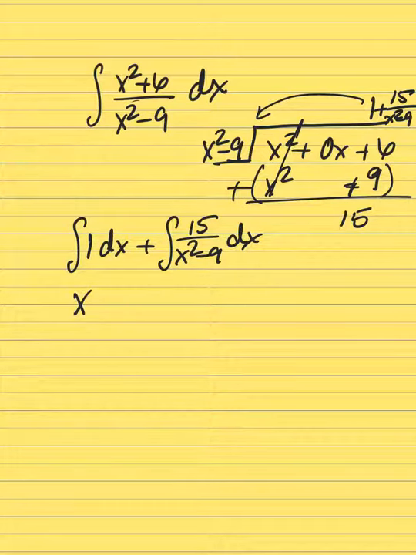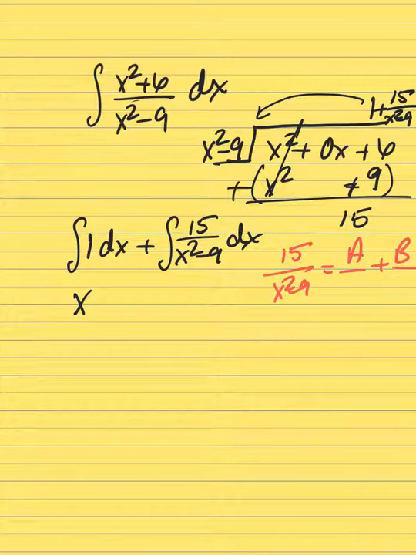Here, I've got to do partial fractions again, where I got to do my a and b. So 15 over x squared minus 9 equals a over something plus b over something. Okay, well now let's factor. What factors x squared minus 9? Well, that's going to be x plus 3, x minus 3. Let's do our cross multiplying.